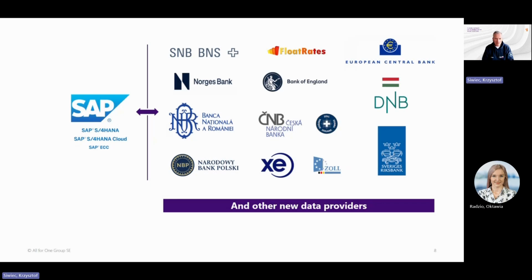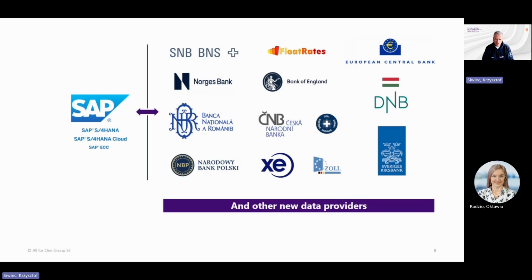So how does it work? Easy Exchange Rates, our product, is installed on your SAP systems, and it's an add-on that can work with any type of S4HANA system: on-premise, private cloud, public cloud. The product also works on ECC systems.